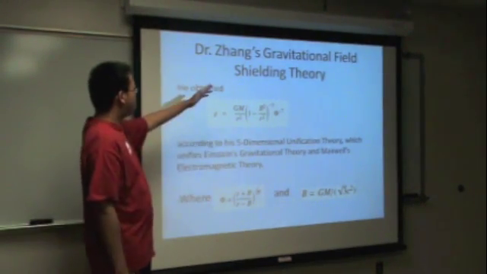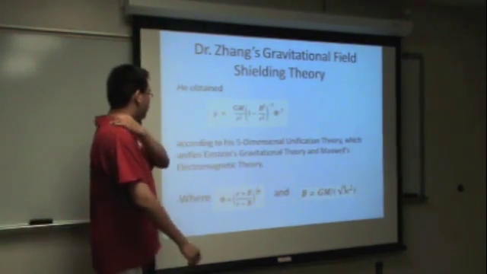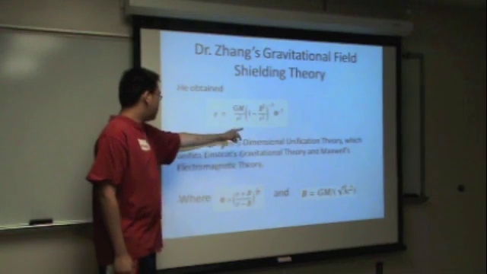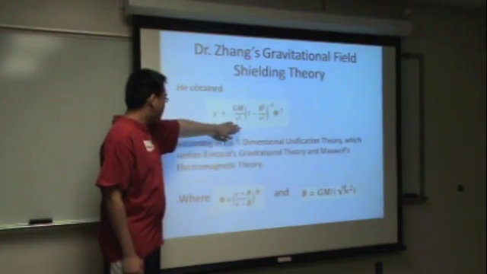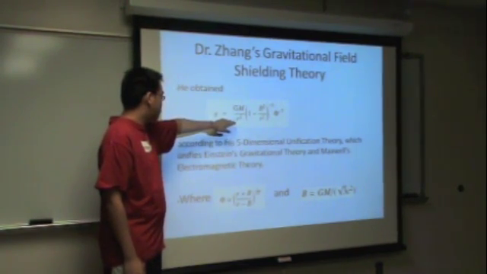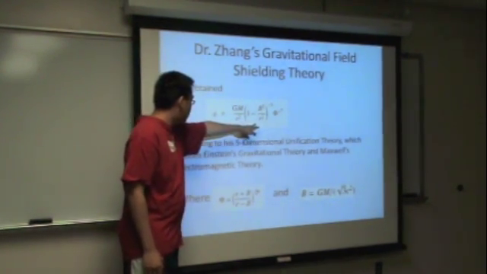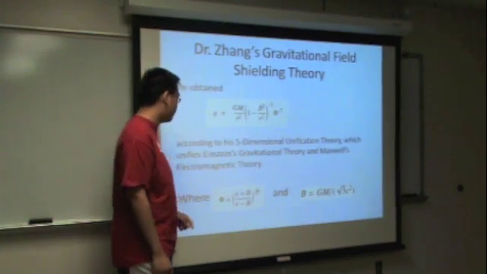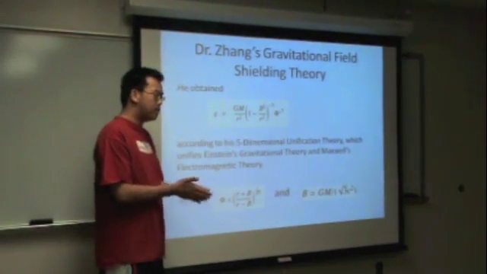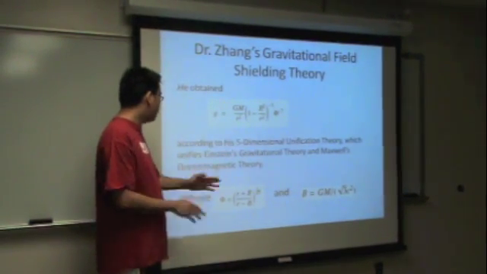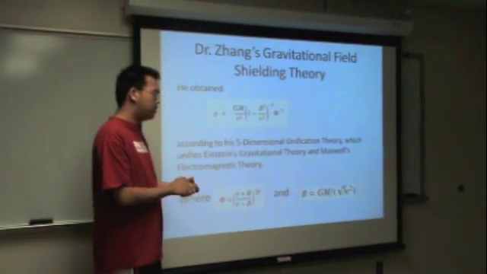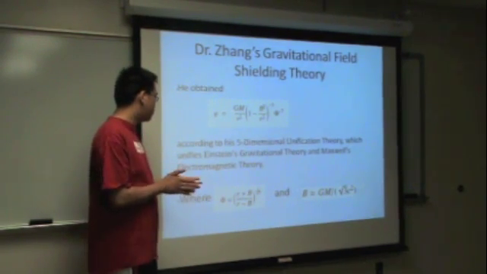Dr. Zhang's gravitational field shielding theory, he obtained this. It also has Newton's gravitation theory times this unification term that he derived from the Kaluza-Klein unification theory, which unifies Einstein's gravitational theory and Maxwell's electromagnetic theory.